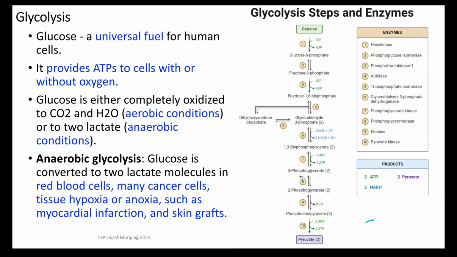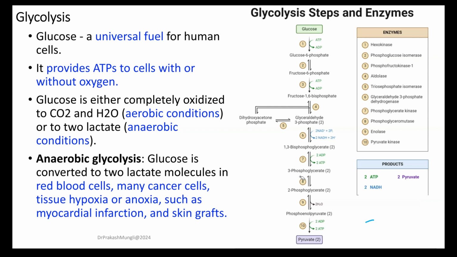Okay. On this side, I have written a couple of things. One of the speciality of glycolysis is, this is the only pathway in our cell which is able to oxidize glucose with or without oxygen. As I have written in this second statement, it provides ATPs to cells with or without oxygen.